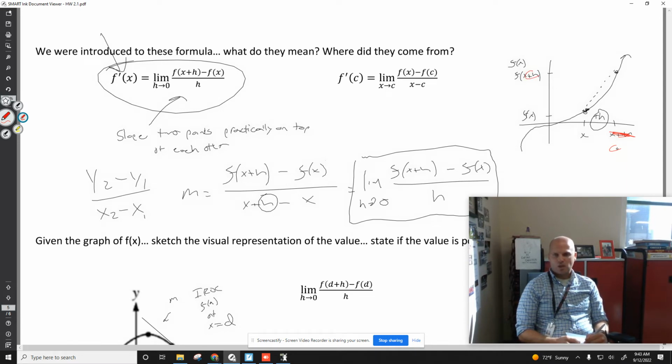As x gets closer to c, this point will get closer to that point. Boom, that'll be a tangent slope. Slope of 2 points infinitely close to c.